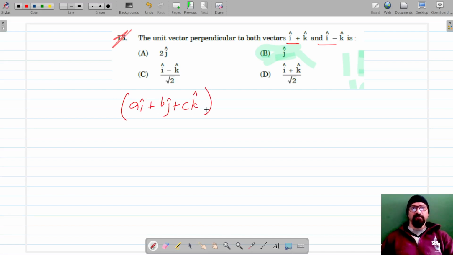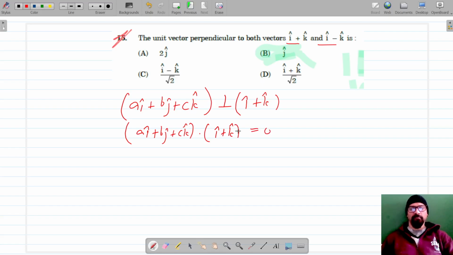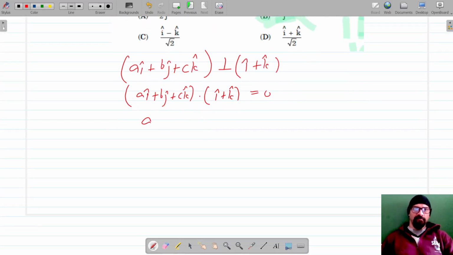Now this unit vector is perpendicular to i cap plus k cap, so the dot product of a i cap plus b j cap plus c k cap with i cap plus k cap should be equal to 0, which gives a into 1 plus b into 0 plus c into 1 is equal to 0. So a plus c is equal to 0. That is equation 1.